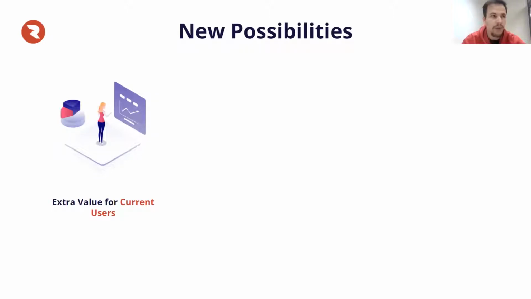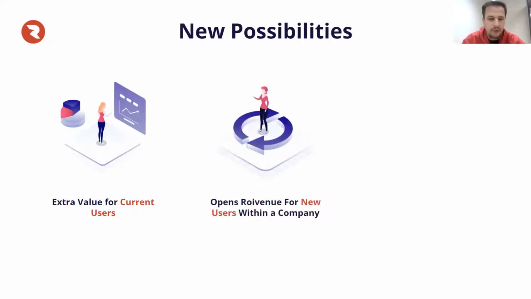They know how to use it, they know what value it brings, but also it can open Roivenue for more people within your team. Not only the marketing team. If you are a CMO, probably your performance managers already use it. If you are a performance manager, maybe your CMO is not using Roivenue, and we will get to the reasons later on, but you can also make it more interesting for social media managers, CFOs, other people on the C-level, etc., especially for marketing.